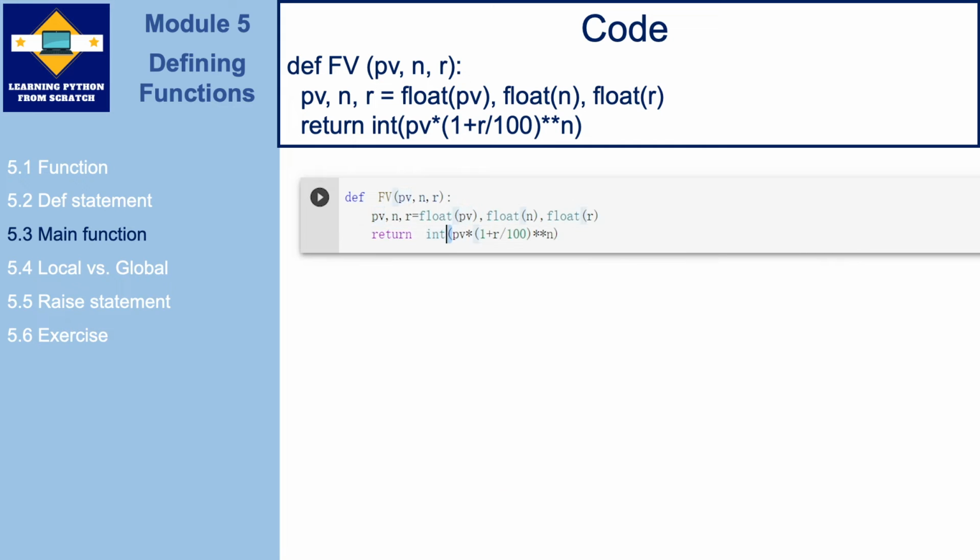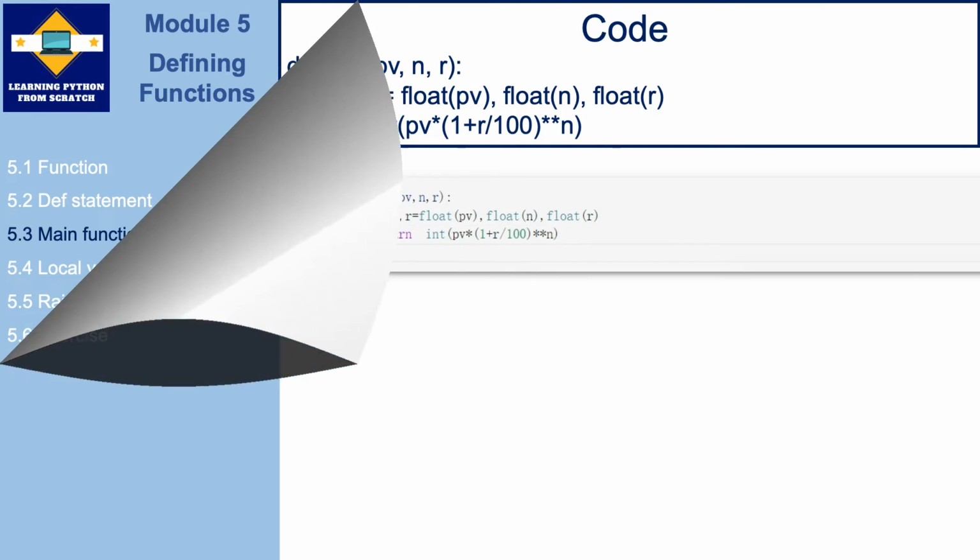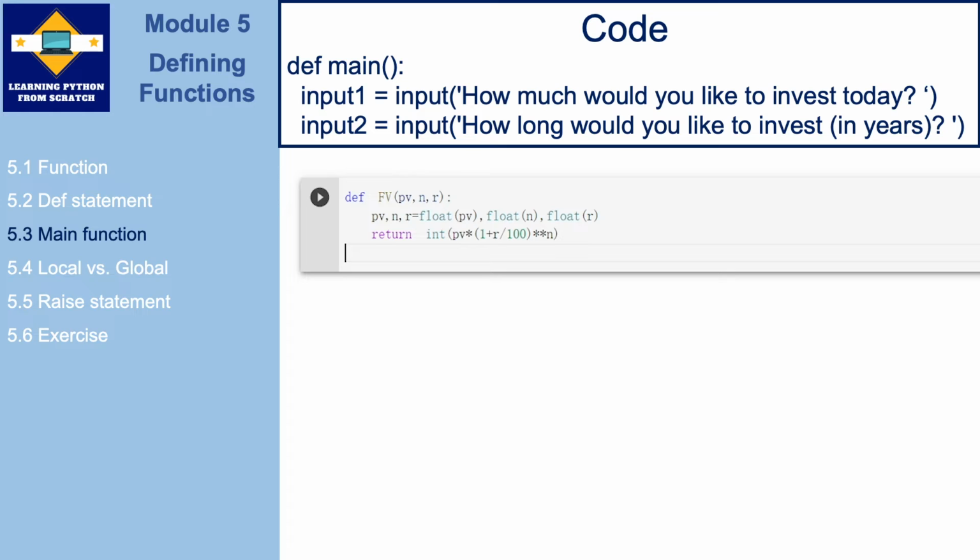Then we convert the value to an integer. Now, we separate the calculation to the FV function. Then, let's work on the main function.